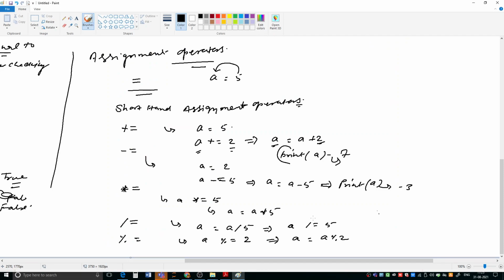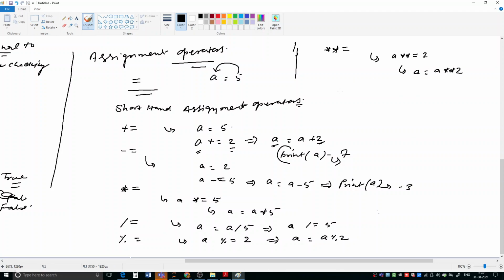You can have this also. You can write this also, this equal to, so it will be used as a this equal to, suppose I am writing 2.